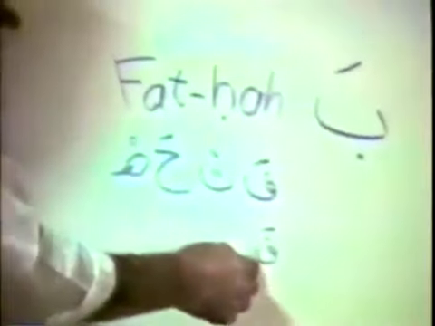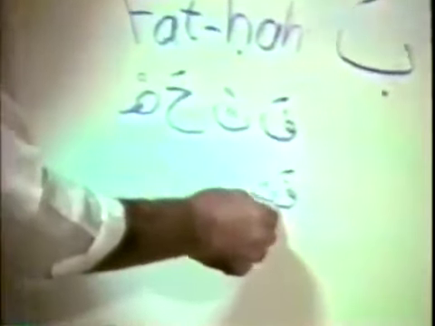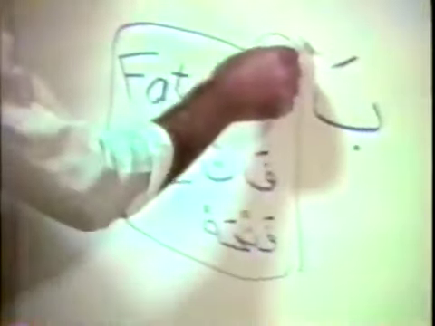The ta will look like this. See, it's not too difficult. Fat. And the ha will look like this. Fatha. I'll have to explain this to you later. But this is what fatha looks like. And we're now talking about the name of this vowel here. The fatha.